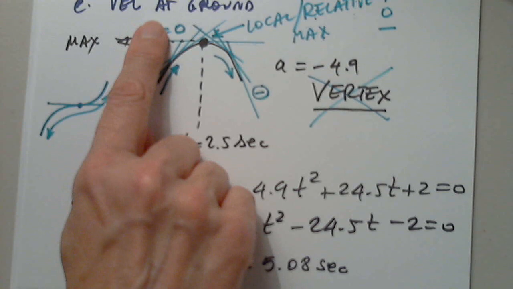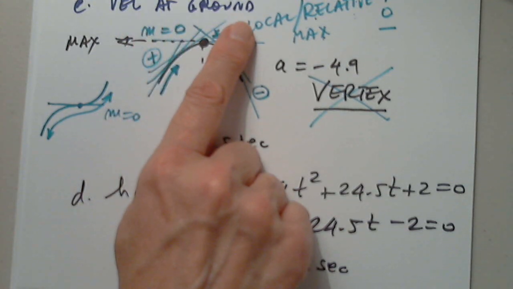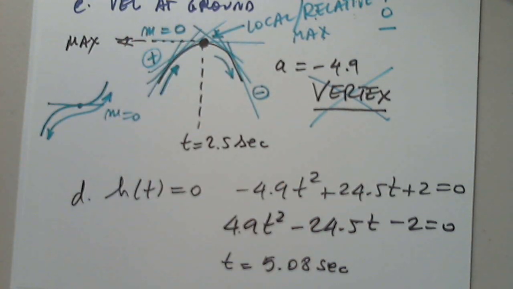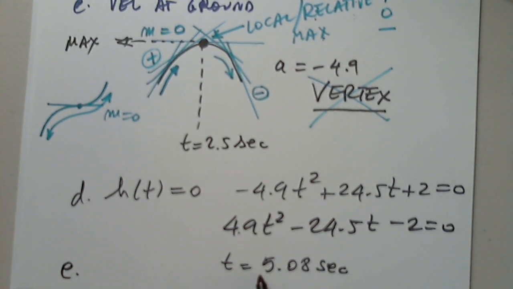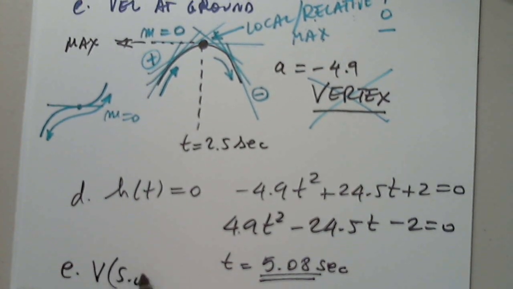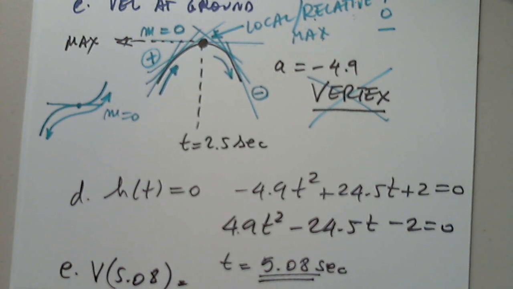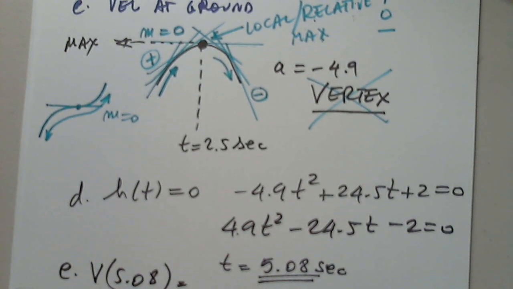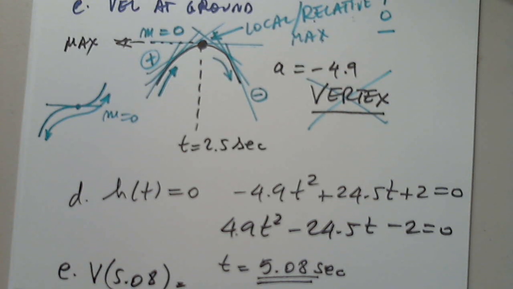Now, we want to determine the velocity when it hits the ground. How do I determine that? Do you do v of 5.08? Exactly, of course. That's why I'm happy that I have both functions in there. Now I'm looking for the first one.